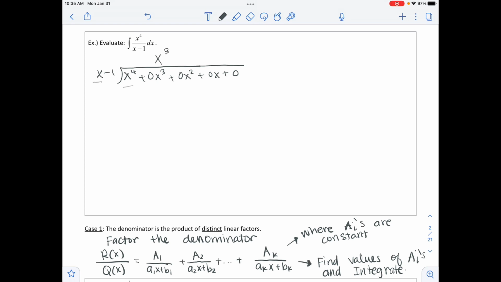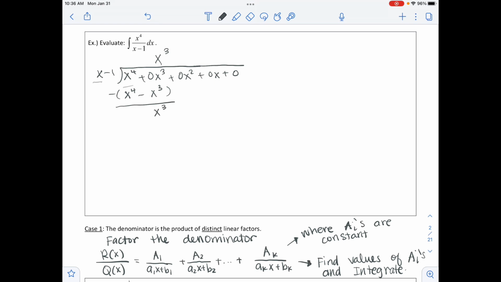And so you can distribute that to the x minus 1. So x cubed times x minus 1 is going to be x to the 4th minus x cubed. And so making sure to line up your terms correctly, and then subtracting, we're going to end up with an extra x cubed left over.